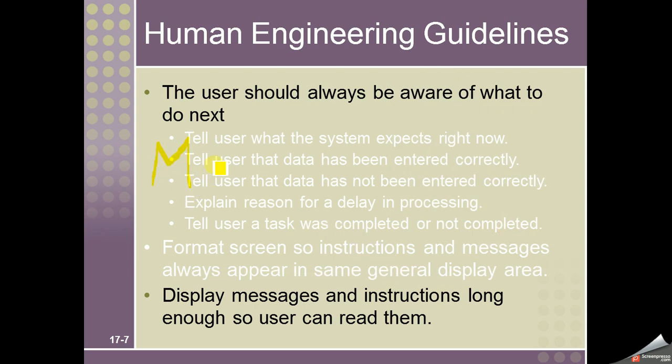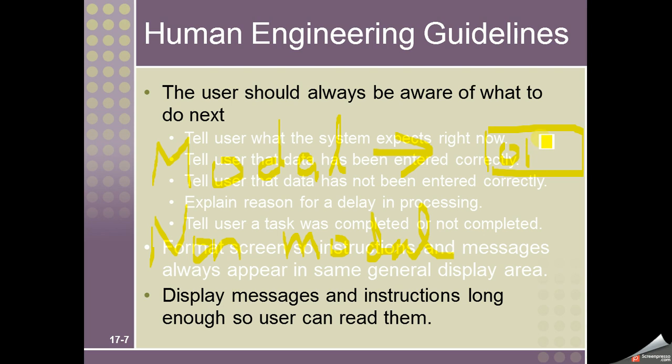We call them modal dialogues, and there are others which are called non-modal dialogues. A modal dialogue is one which will not go away until the user has dealt with the dialogue, let's say by clicking an OK button, right?